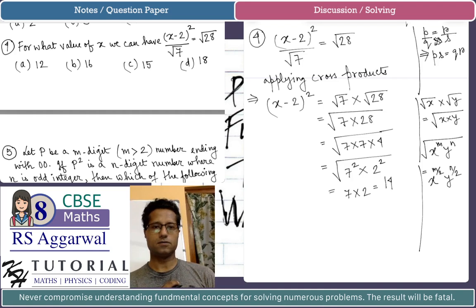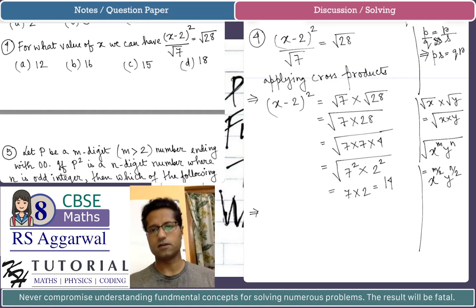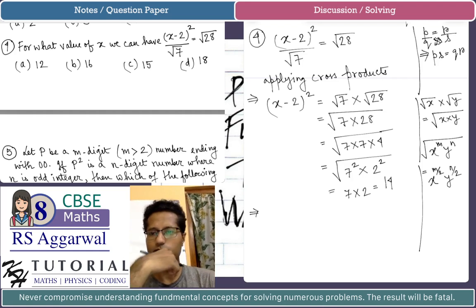I think there is some issue with the problem, because now (x minus 2) square whole square, we are getting 14. We are getting 14.